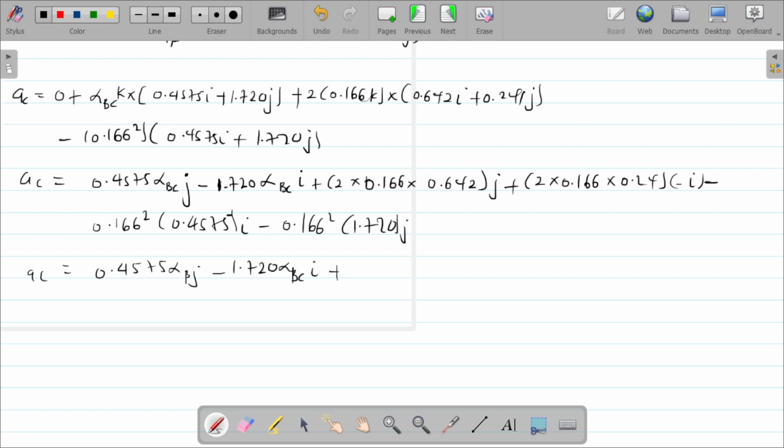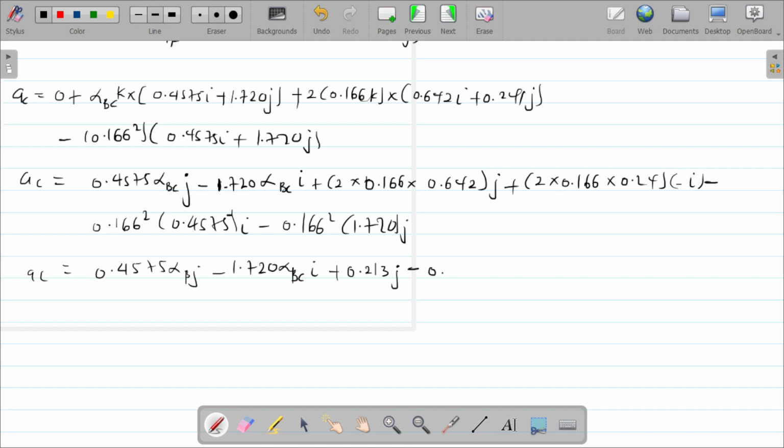All right, so 2 times this, we have plus 0.213 J, and then minus this one, so this 0.2524.